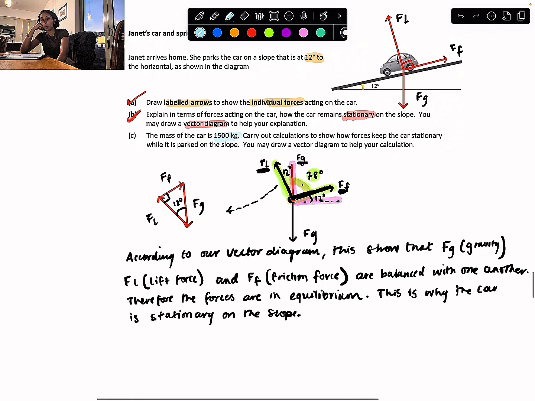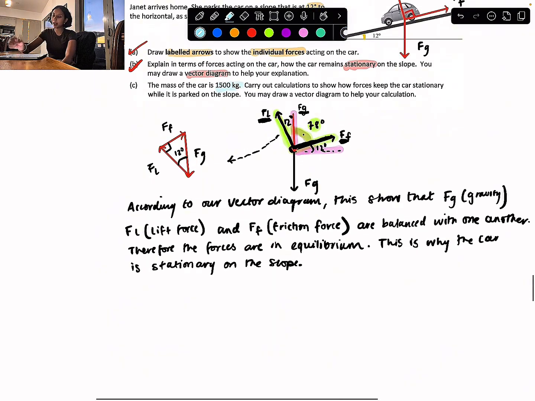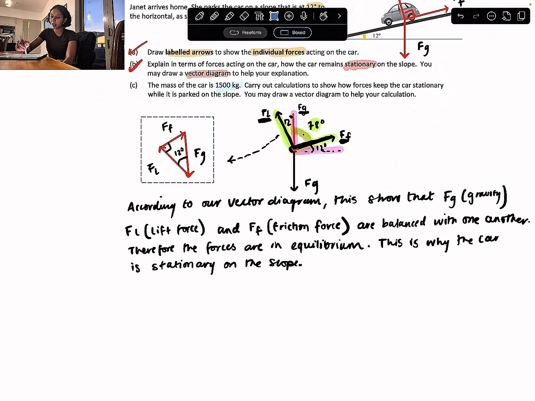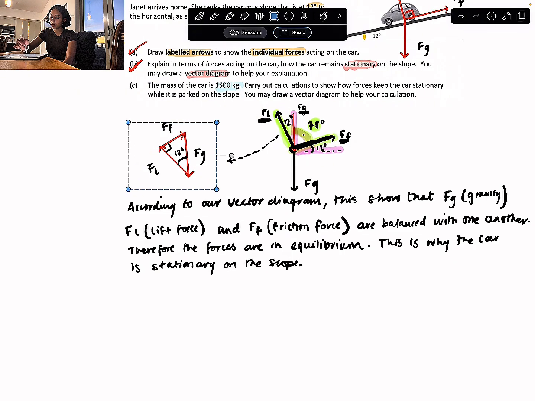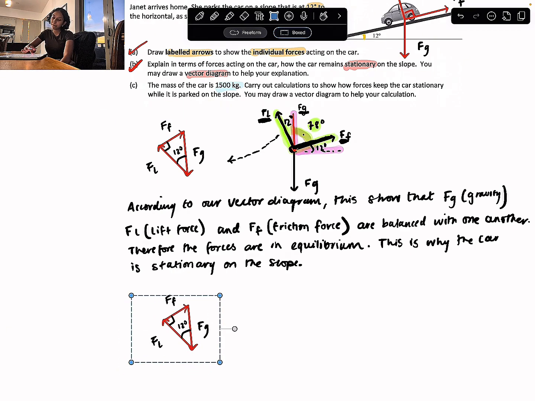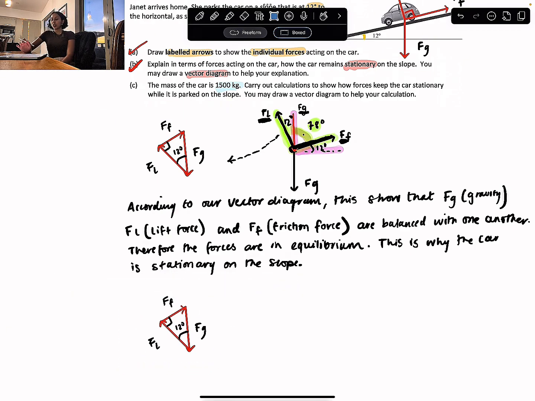So what do we do with a triangle? We have to use trigonometry. Okay, so I might just copy and paste this triangle down here so we can use it for this question. Copy, paste. Okay. So for trigonometry, I need to make sure that I have an angle and a known side.